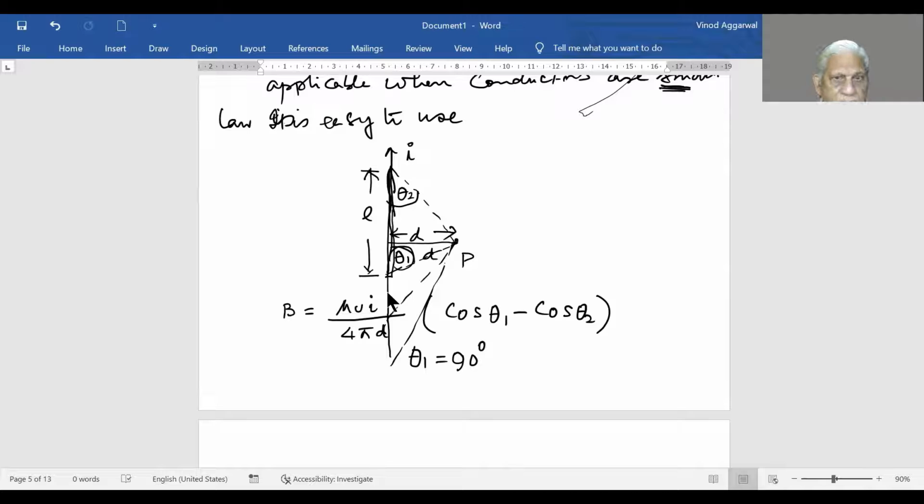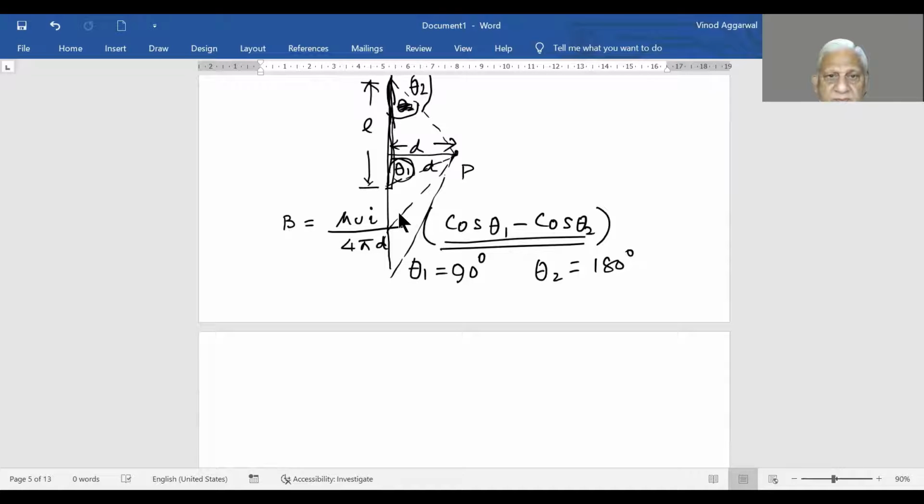Sorry, this is not the angle. Theta 2 is not this angle. Theta 2 is this angle. And what happens to theta 2? Theta 2 almost becomes 180 degrees. So what happens to our expression?